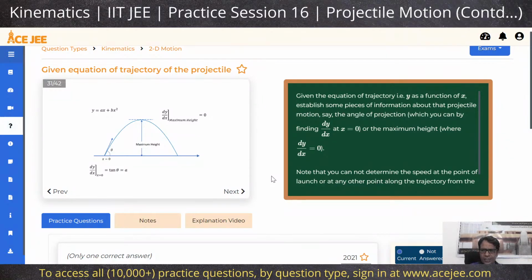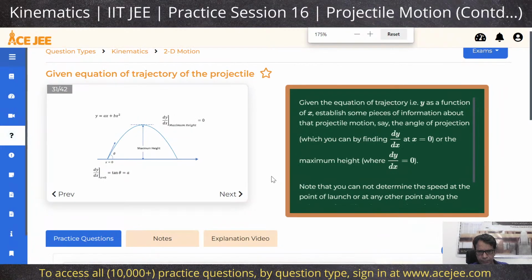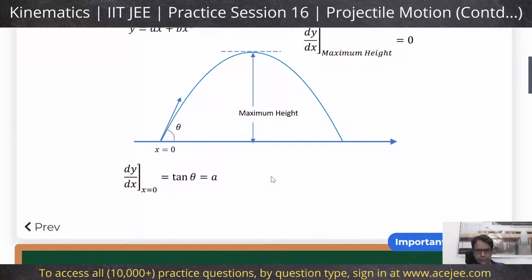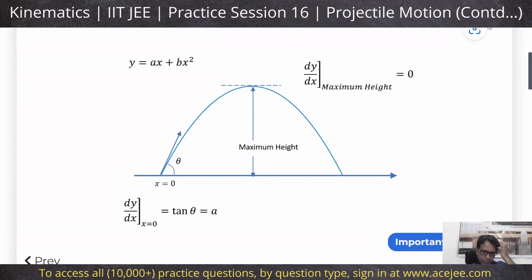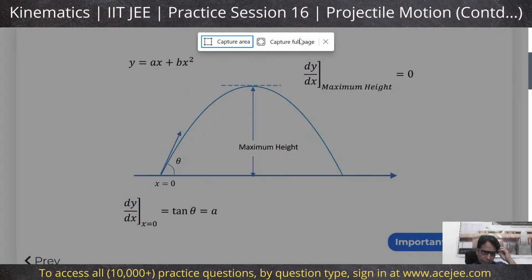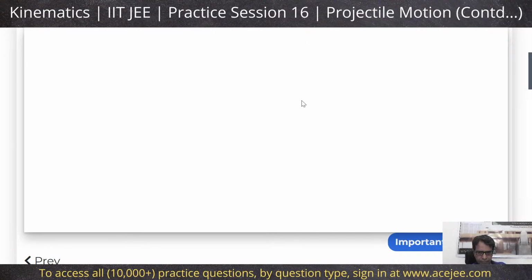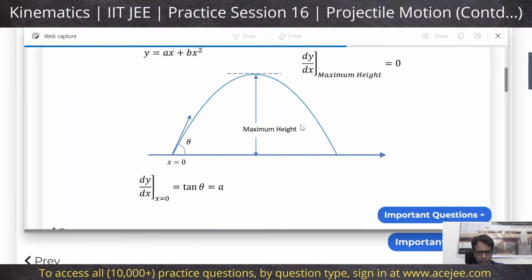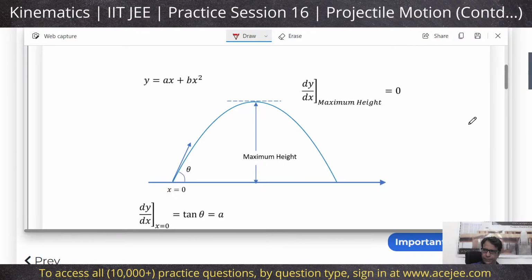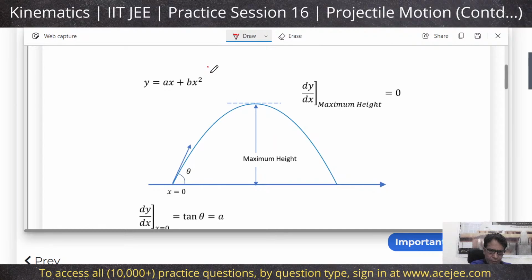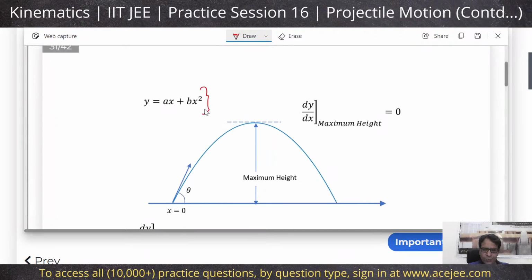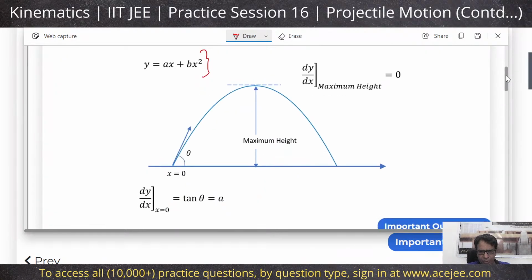If you are given y is equal to ax plus bx square, let's see how we determine all these things here. Let's say you are given y is equal to ax plus bx square as the equation of trajectory of the projectile, right?